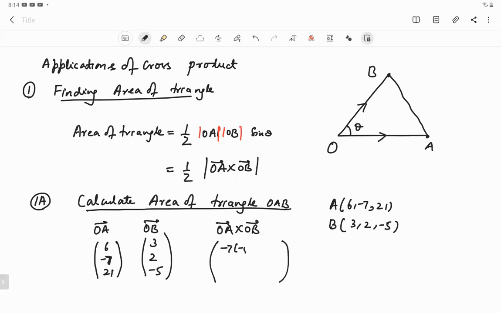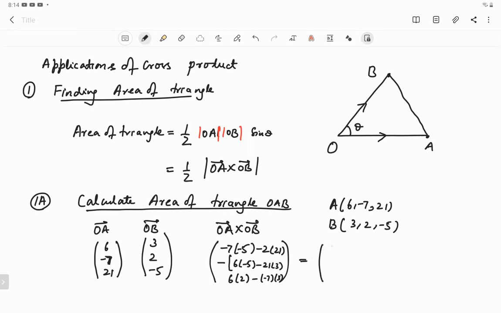Minus 7 into minus 5, minus 2 into 21. And then 6 into 2, minus 7 into 3. Minus for the second entry: 6 into minus 5 minus 21 into 3.